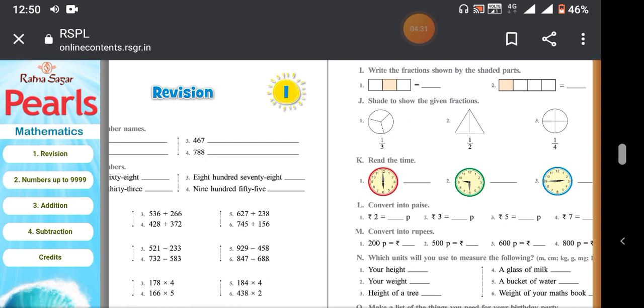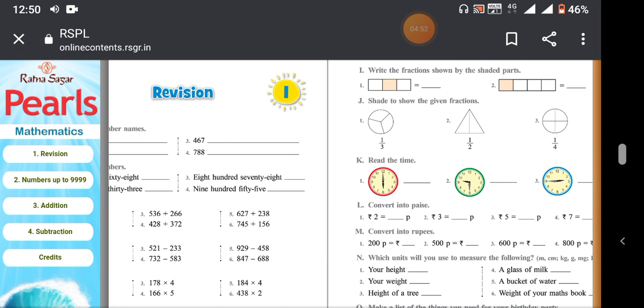You should convert these rupees into paise. Then M, convert into rupees. They have given 200 paise, 500 paise, 600 paise and 800 paise. You should convert these paise into rupees.